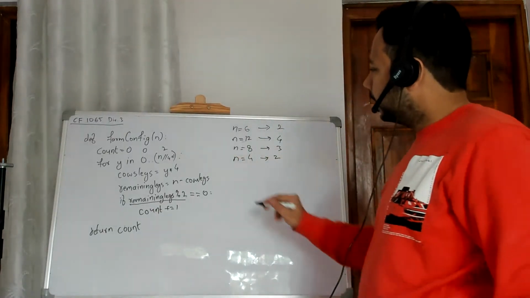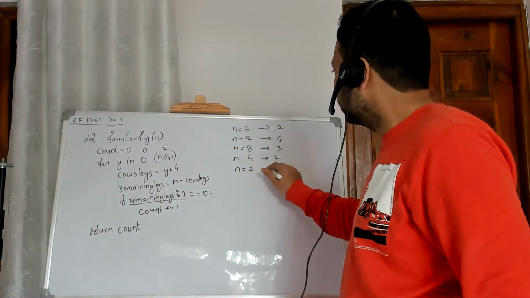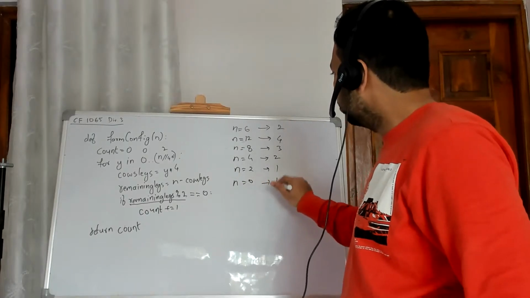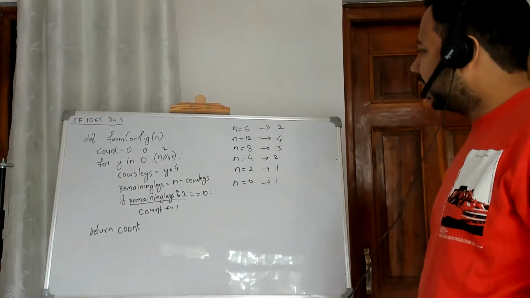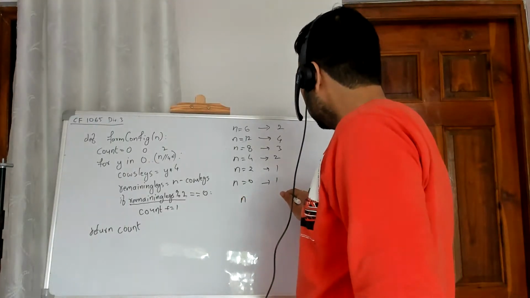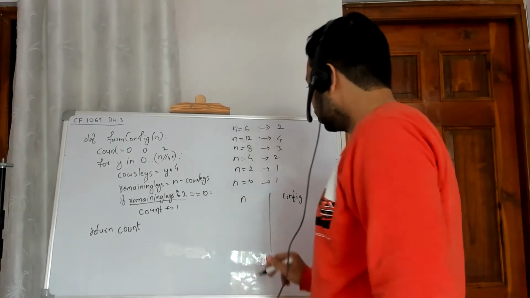For n is equal to 2, there is one combination. N is equal to 0, there is one combination. Can you see a pattern? Let me write it down as n comma config.